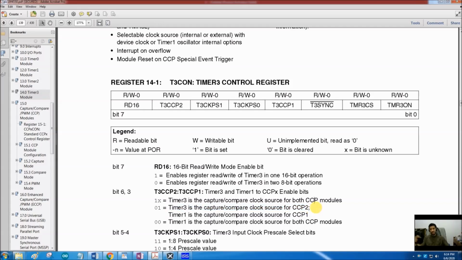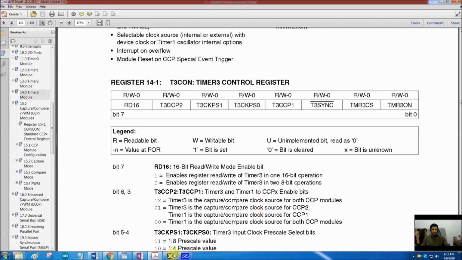There is no option to use Timer 1 for CCP2 and Timer 3 for CCP1. So we will use these two bits to select whether we are going to use Timer 3 or Timer 1 for which module.